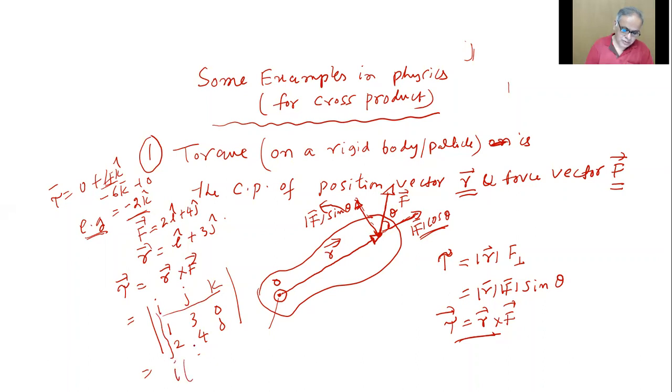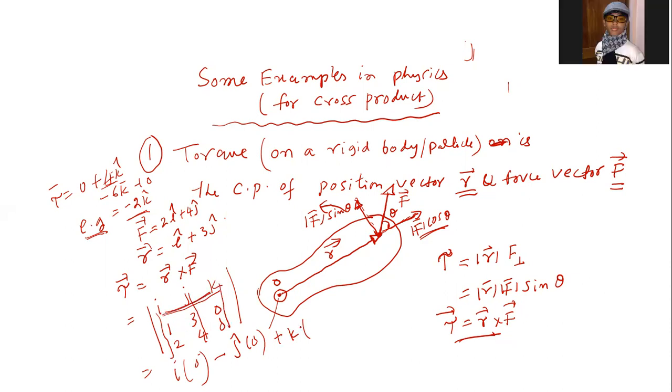So i into 3 into 0 minus 4 into 0, 0; minus j into this one, you eliminate, you're left with this one: 1 into 0 minus 2 into 0, 0; plus k into this one, you ignore, you're left with this. So 1 into 4, 4, minus 6. All right. So minus 2k.